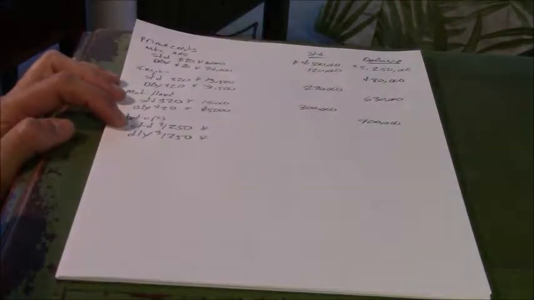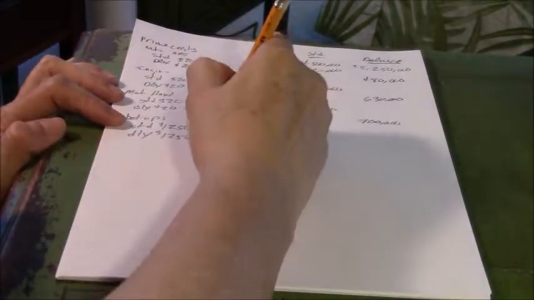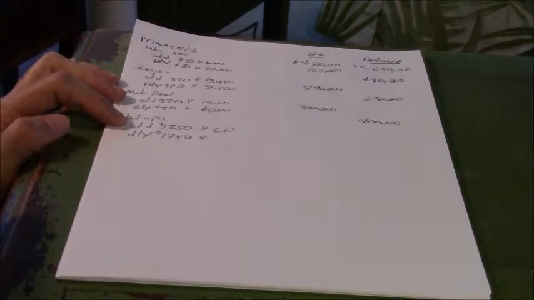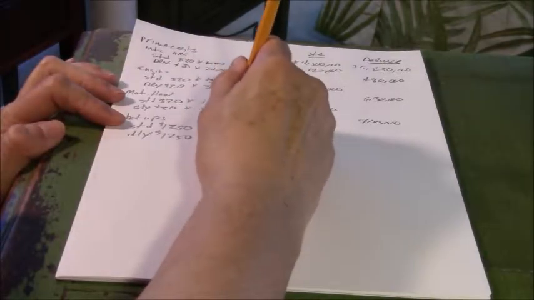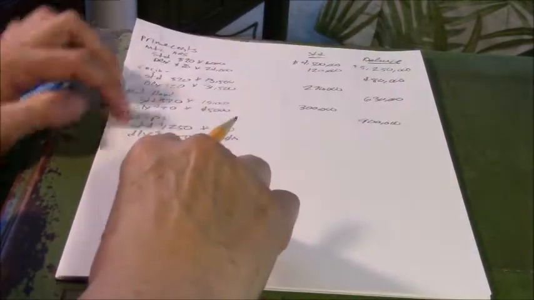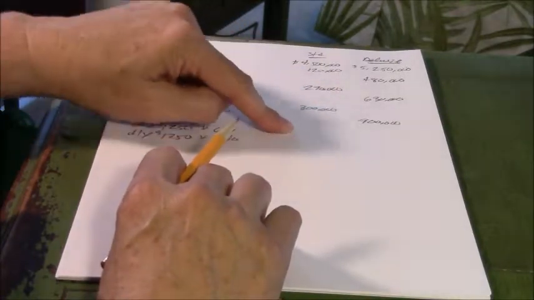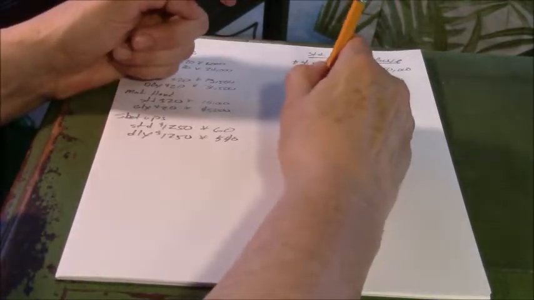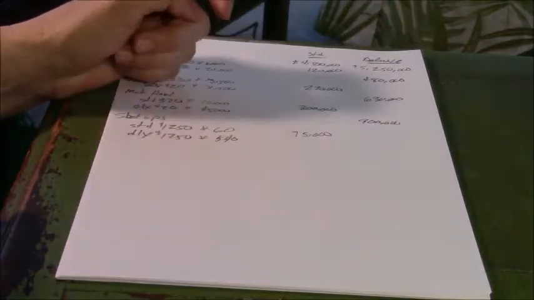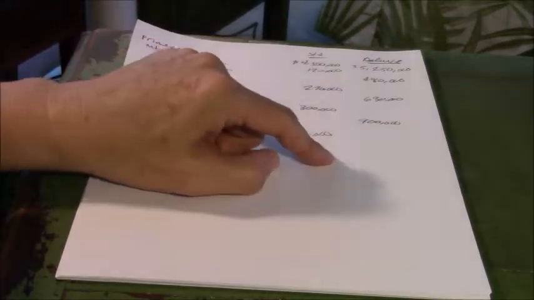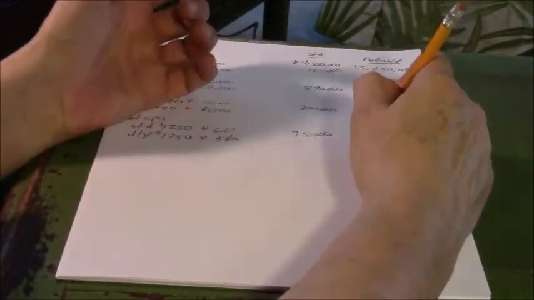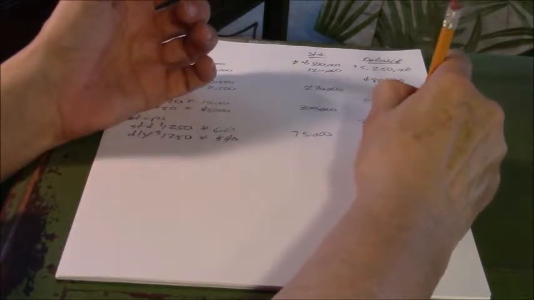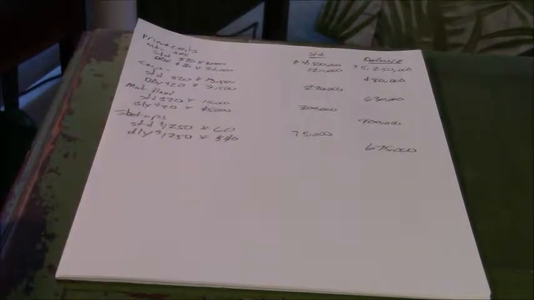So for standard, we did 60 setups. And for deluxe, we did 540 setups. Right? And that means for standard, we came up with 75,000 overhead for setups, and for deluxe, we have 675. So there's the overhead there.